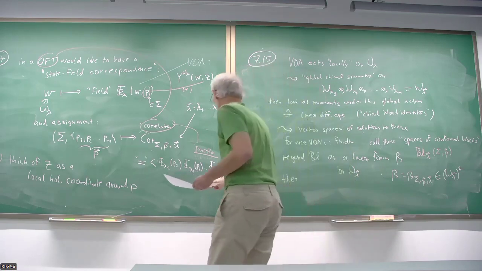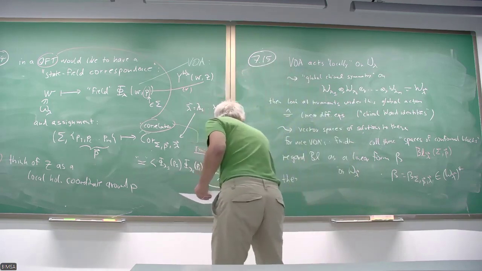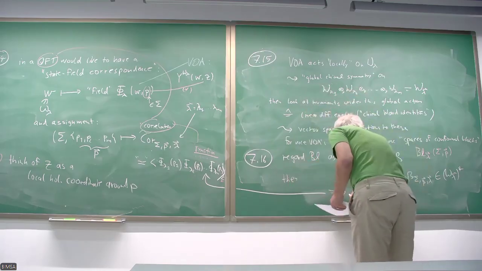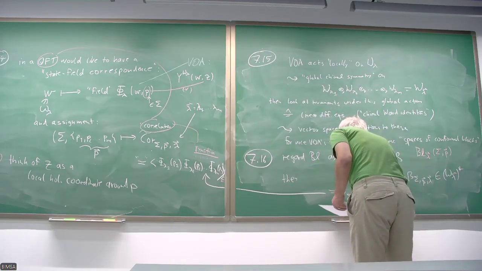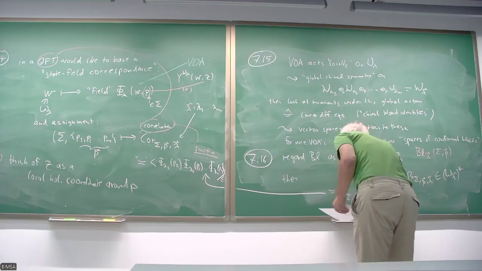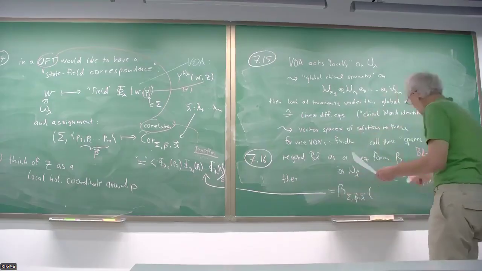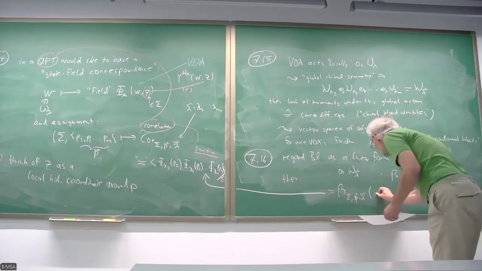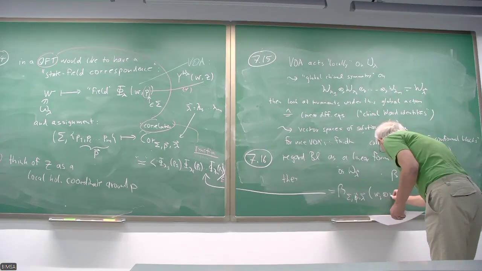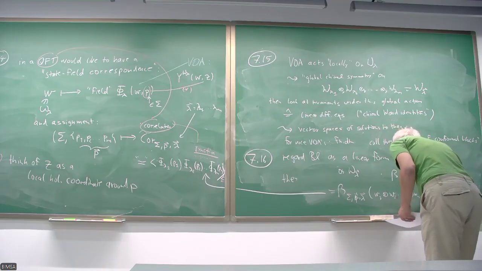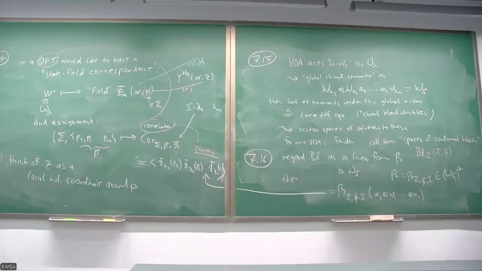And then we can think of these correlators here as this linear form applied to an element W1, W2, and so on, Wn in this tensor product space.